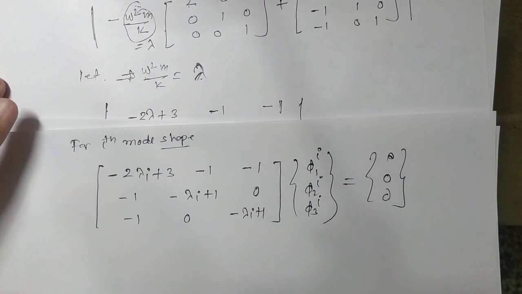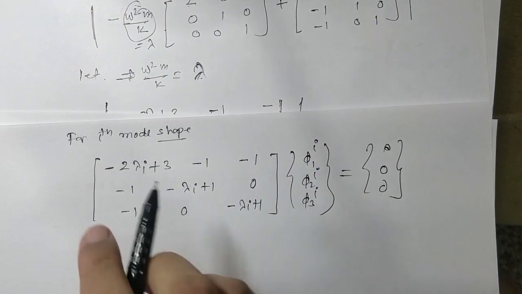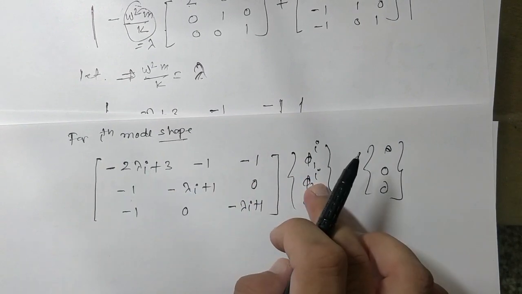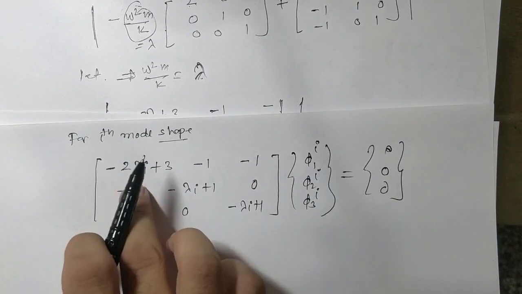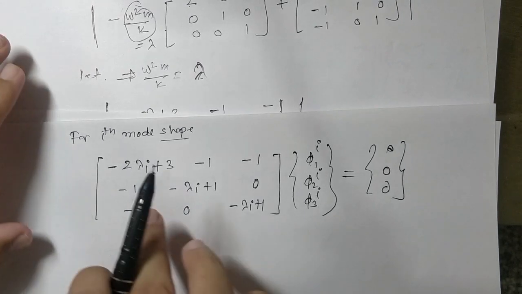If we put the value of lambda 1, we'll find the first mode shape. If we put the value of lambda 2, we can find the second mode shape. Similarly, for the third mode shape, we need to put the value of lambda 3. So we have a generalized equation to find the mode shape.